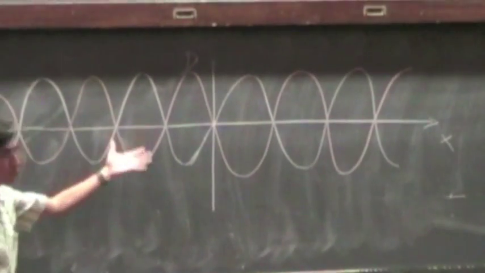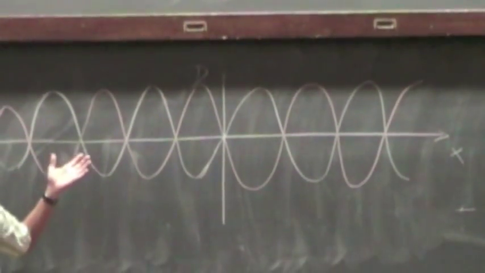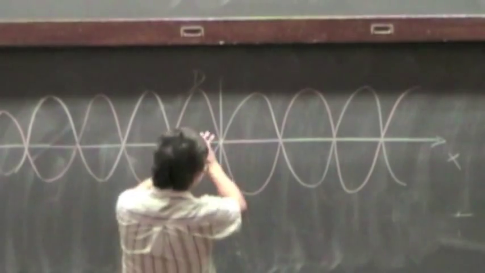This is the usual way a standing wave is represented in the book. They draw this kind of pattern.